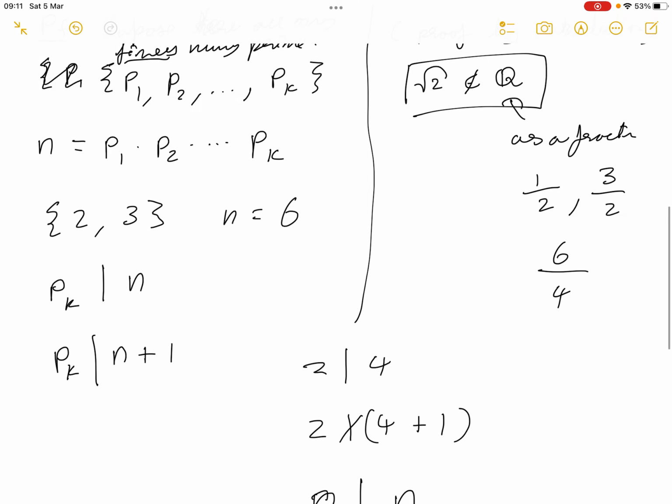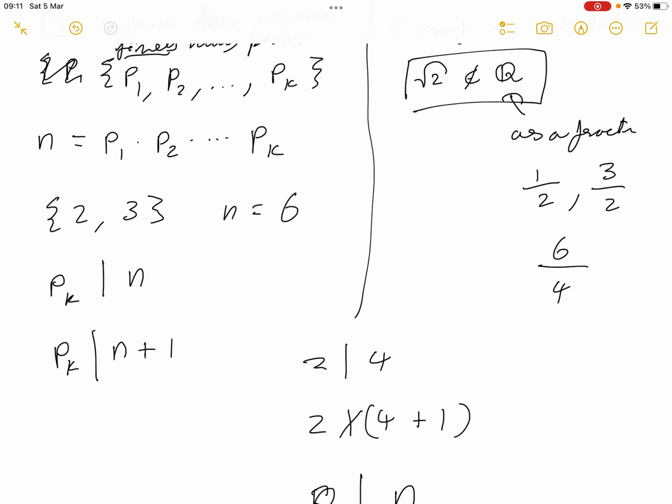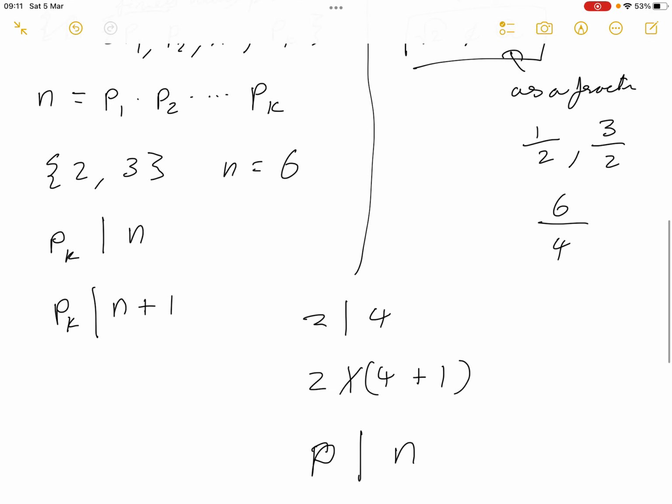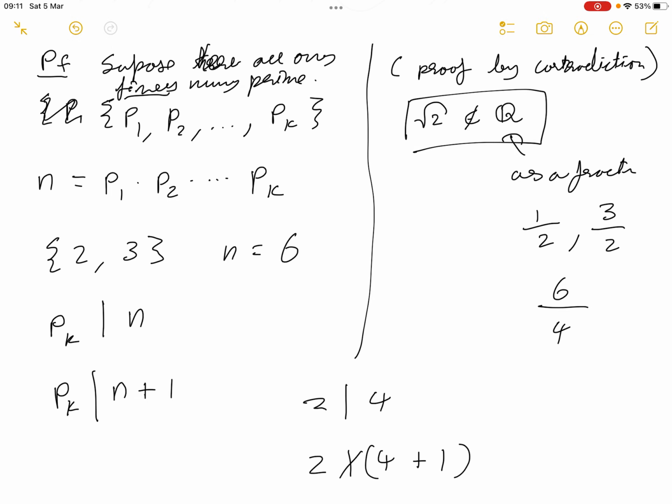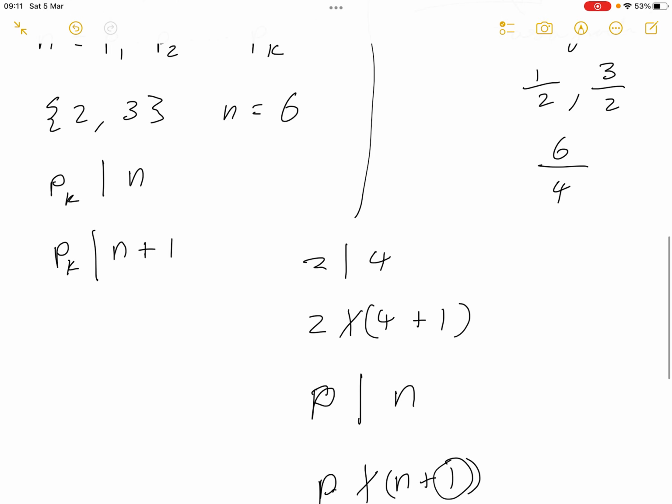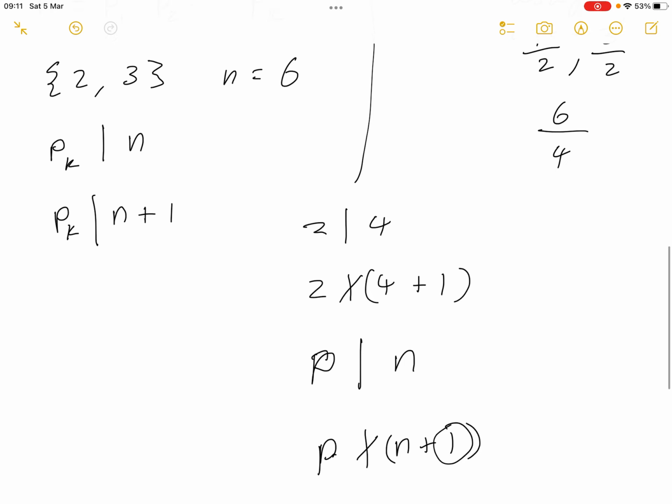So we just found a number that's not divisible by any of the primes in the set that we made of all the primes, which is very strange because in the last video we showed that if a number isn't divisible by all the primes less than its square root, then it's prime. And clearly it's not divisible by all the primes less than itself now, right?